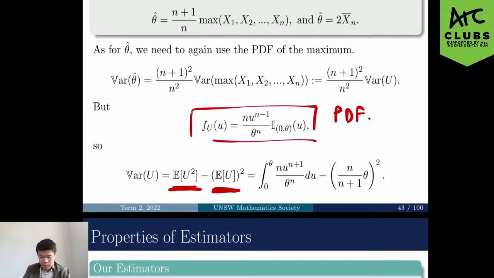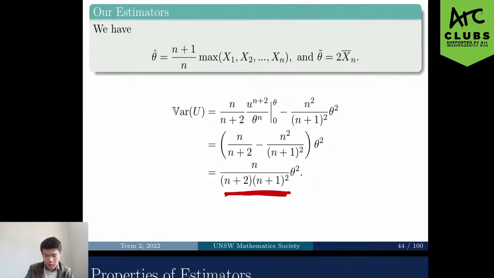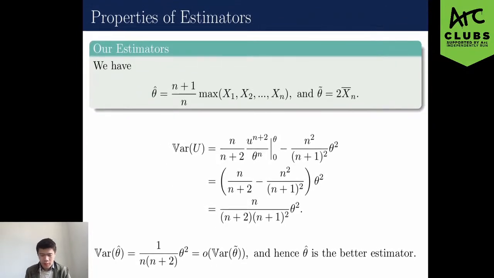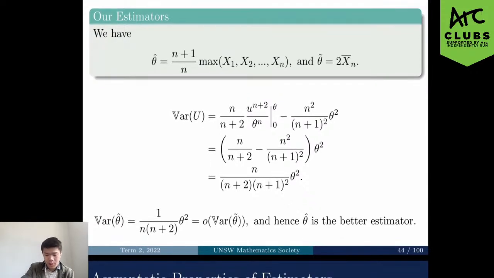You'll get this minus that, and that gives you a nice little algebraic expression over here, which we won't go through because of time. But then all you have to do is calculate the variance and compare them. So the variance of this one is equal to this. That's what we got in the end.